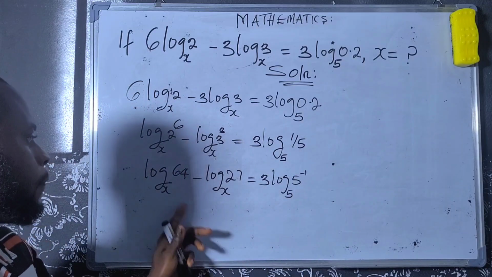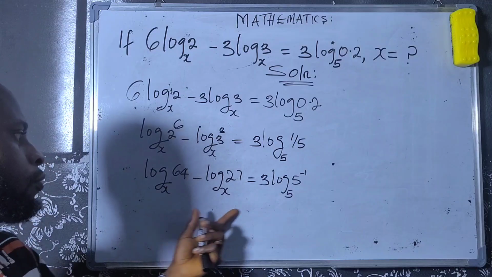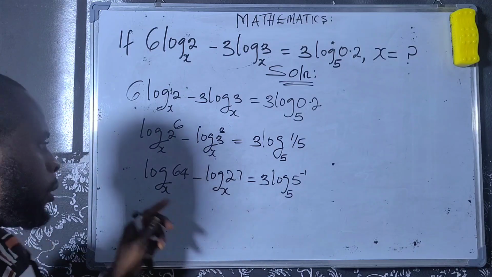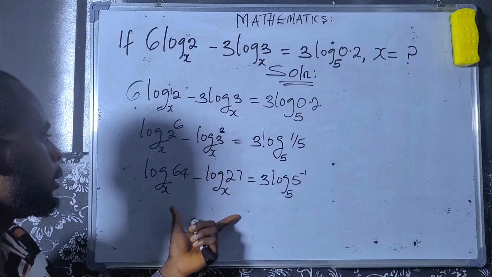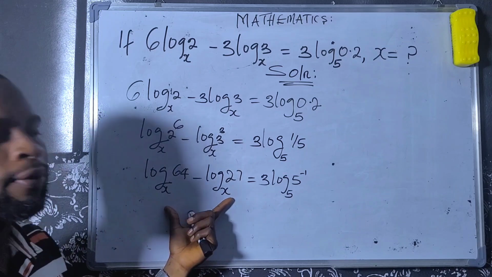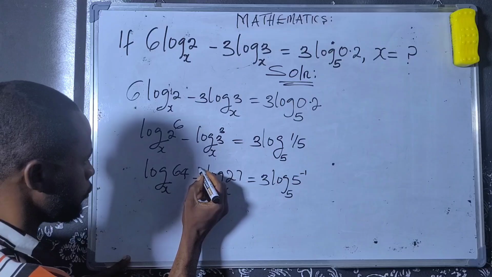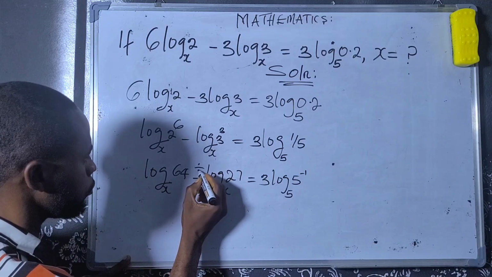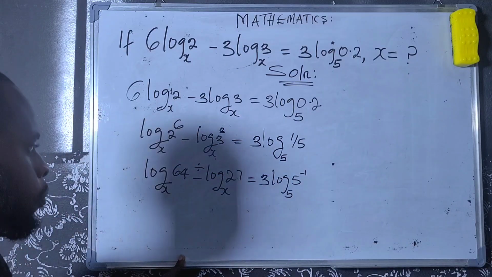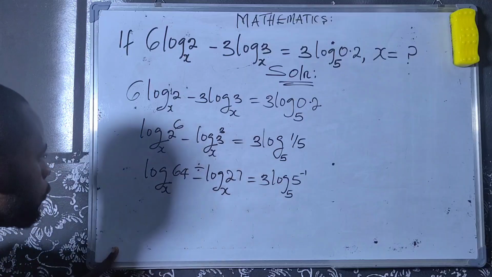Then now, at the left hand side of the equation, we can simplify this. We can apply the negative logarithmic property here. That is, in place of negative, we change it to a division sign, and the expression will be written in this form.